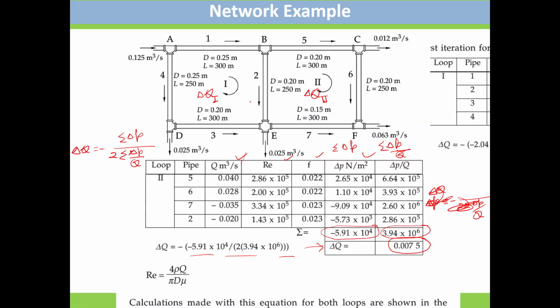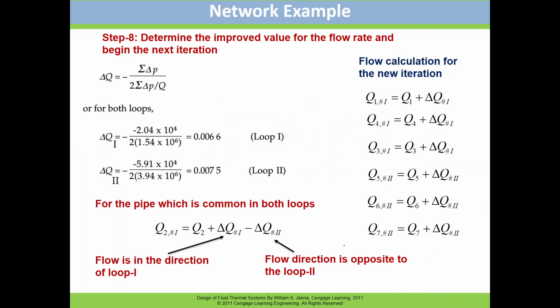We need to correct the discharge in the loop now, because our summation of pressure drop is not 0. It is very tedious to bring the pressure drop to 0, because we are solving the network. So when we calculate the delta Q, it is suggesting that you need to correct the discharge. So how do we correct the discharge?